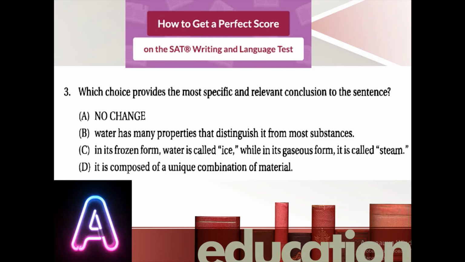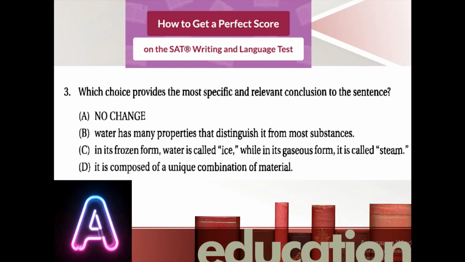First one, no change. B, water has many properties that distinguish it from most substances. C, in its frozen form, water is called ice, while in its gaseous form it's called steam. And D, it is composed of a unique combination of material.